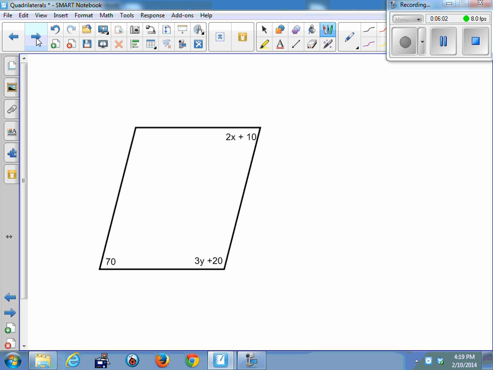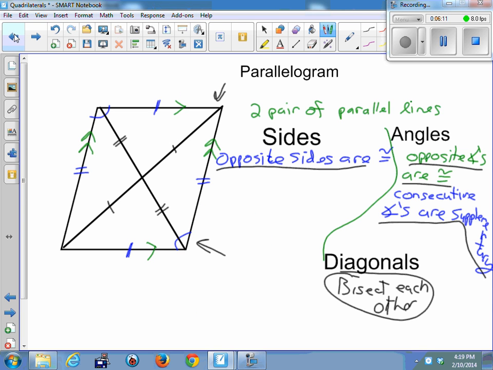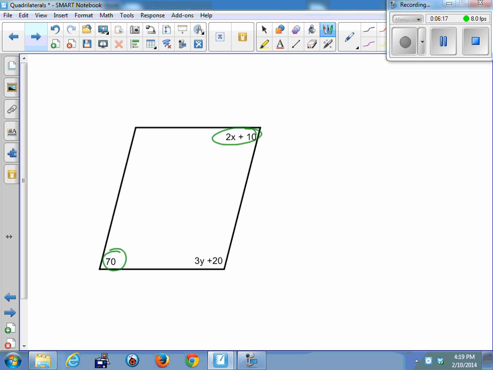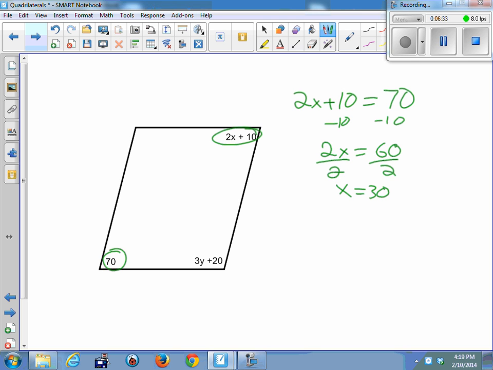The next one is when we're talking about the angles. So you have to set up the equation. This guy and this guy, they are opposite. If you look back at what we had, opposite angles are congruent, so they are the same. So here we have 2x plus 10 equals 70. Then you can solve it. Minus 10, 2x equals 60, divide by 2, x is 30.